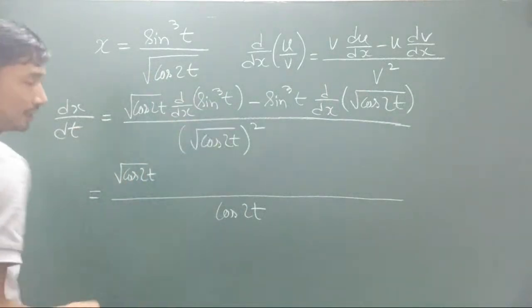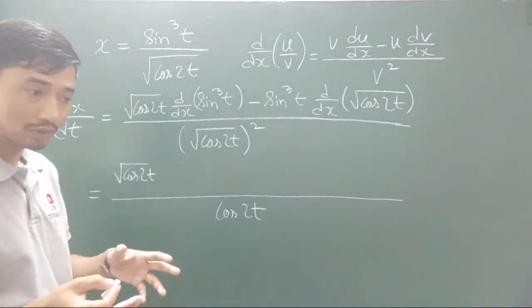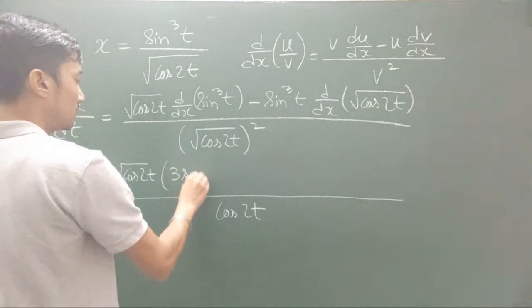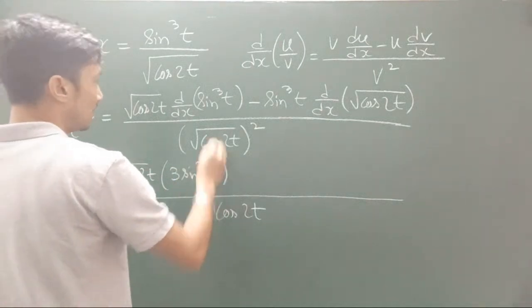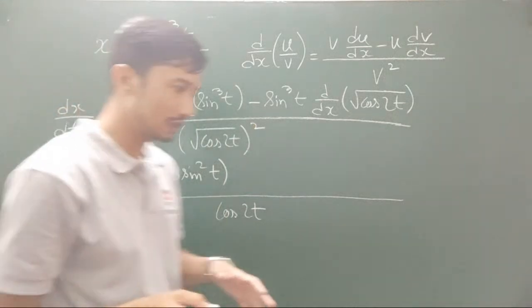Now derivative of sine cube t, that is like sine t whole cube. So I'm going to do it directly. So that's going to be like 3 sine square t, and again derivative of, see, that's why I'm telling you now.